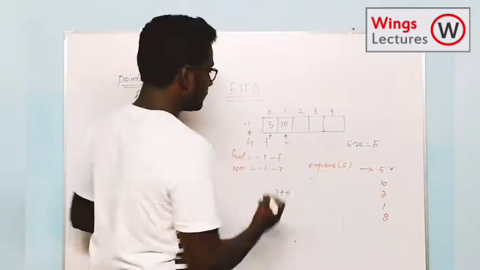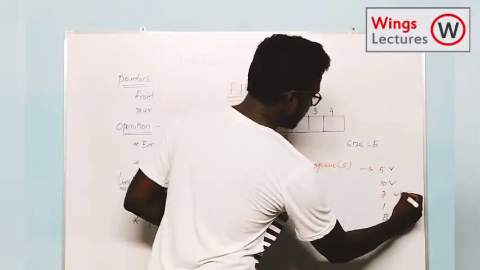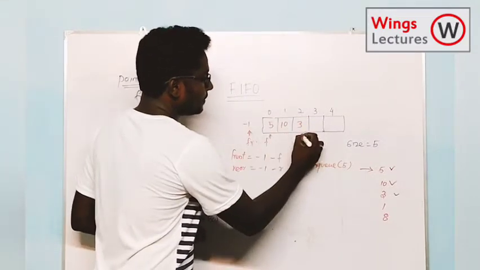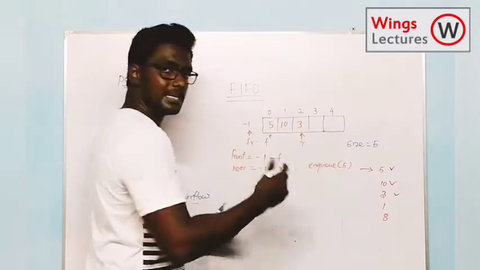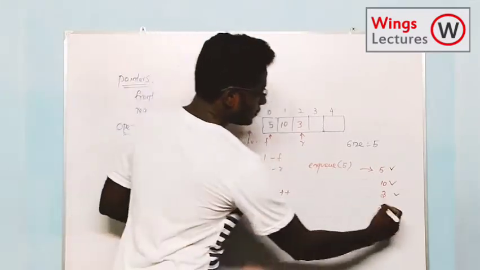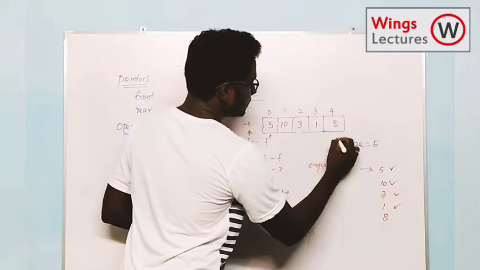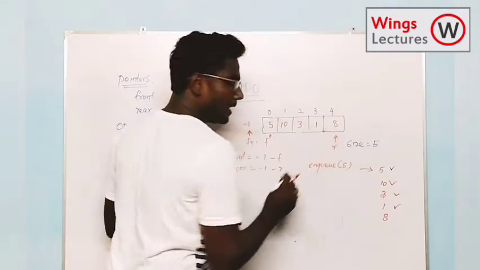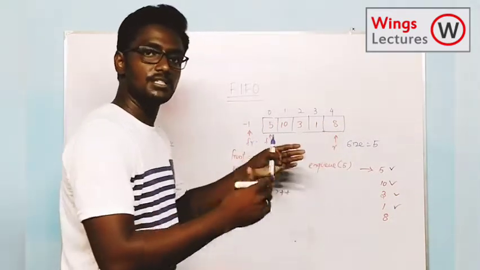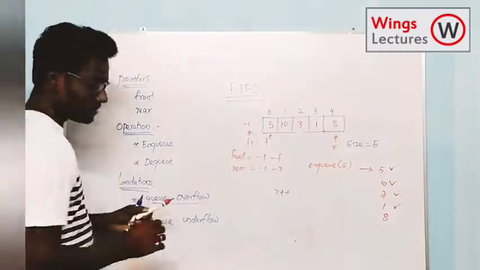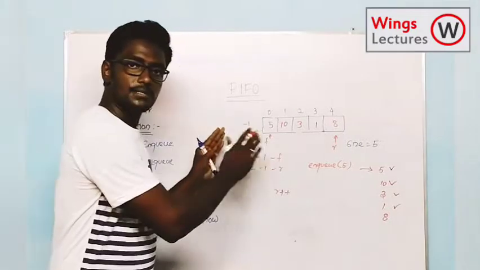Then when I'm trying to insert 3, the r pointer will again move to the last data which entered the queue. Meanwhile for 1 and 8, the rear pointer always points to the last data which is entered into the queue. I hope you understood how the insertion is working.